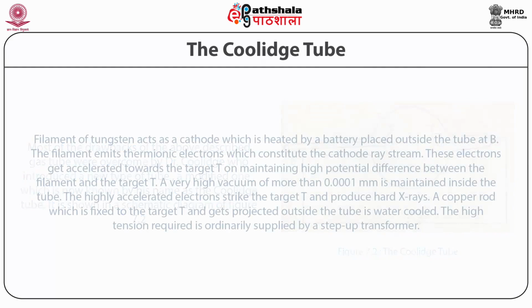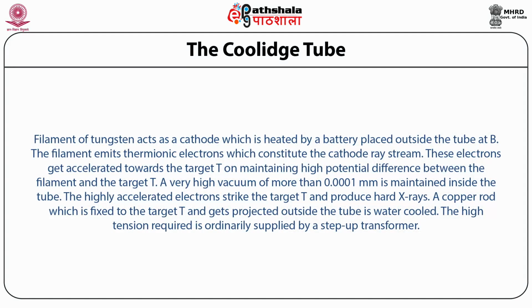A filament of tungsten acts as a cathode, which is heated by a battery placed outside the tube at B. The filament emits thermionic electrons, which constitute the cathode ray stream. These electrons get accelerated towards the target T on maintaining a high potential difference between the filament and the target T.